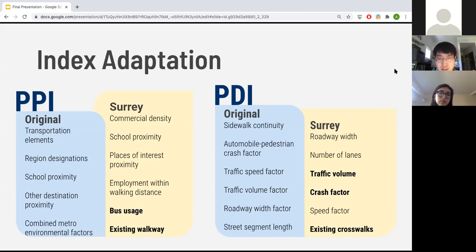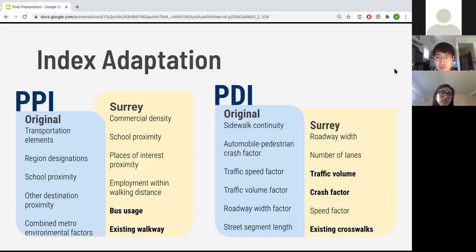Okay, and then for PDI, the original metrics take into consideration multiple factors, and a lot of them are related to traffic volume, like traffic speed, traffic volume itself, and also road width, and also crash factors like the frequency of automobile-pedestrian crashes. So in our case, we also try to approximate these factors as close as possible.